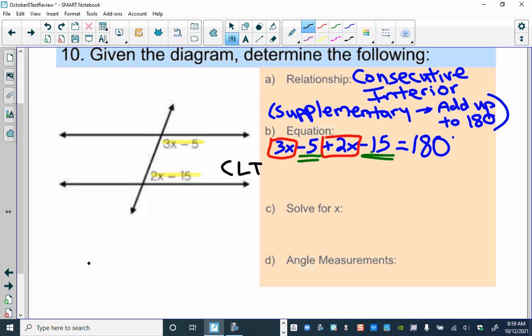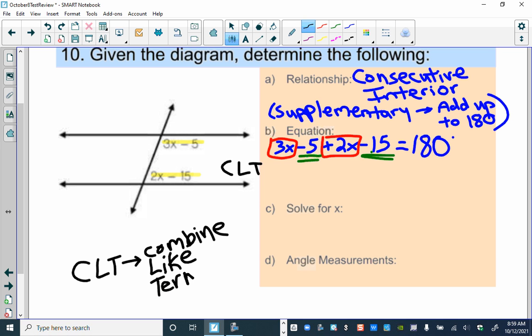Again, CLT: combine like terms. We'll do that.